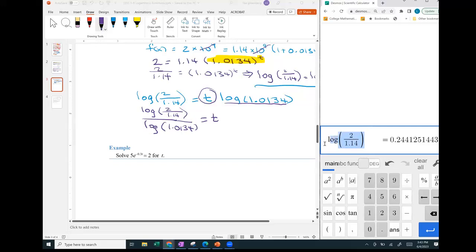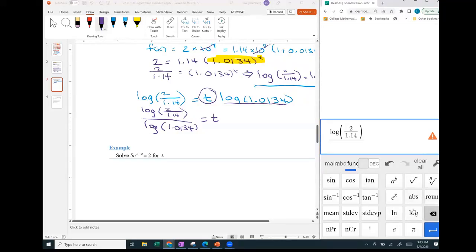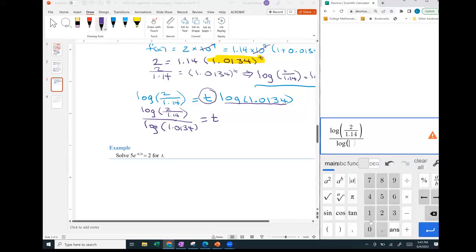I'm going to take this whole thing and I'm going to divide it by the log of 1.0134 in parentheses. And now I know t is equal to 42.23.